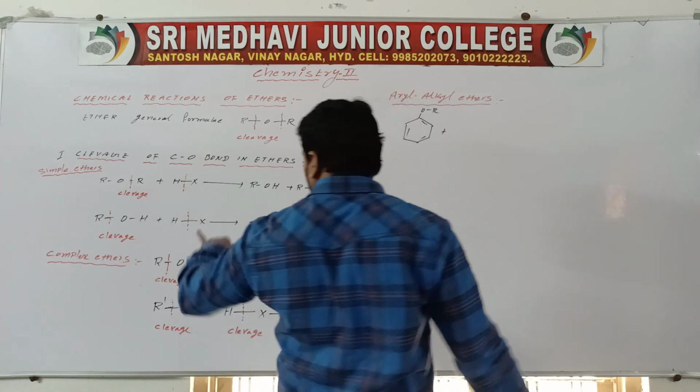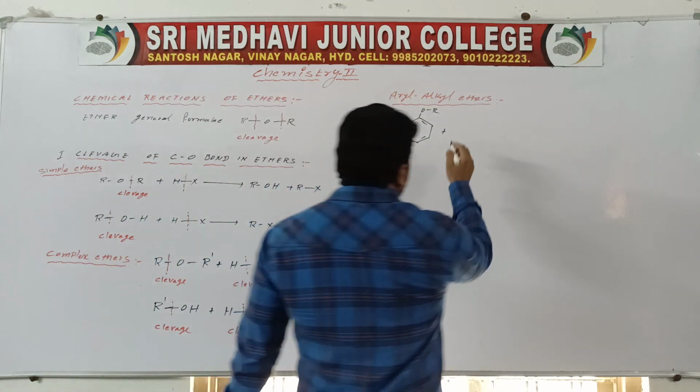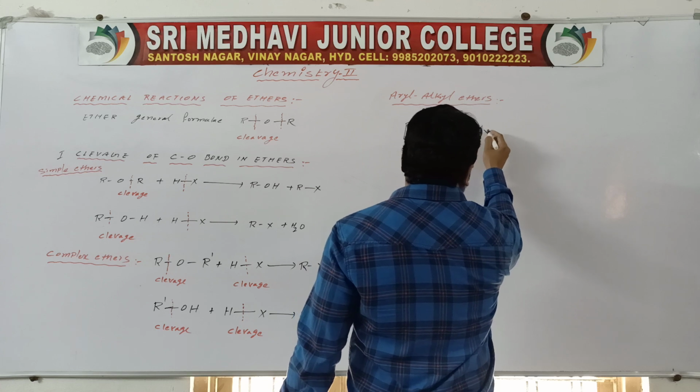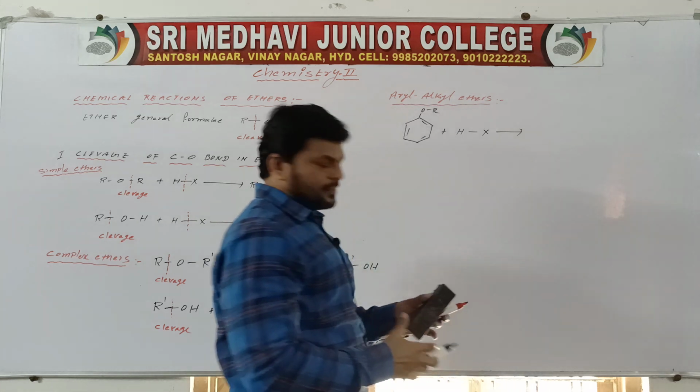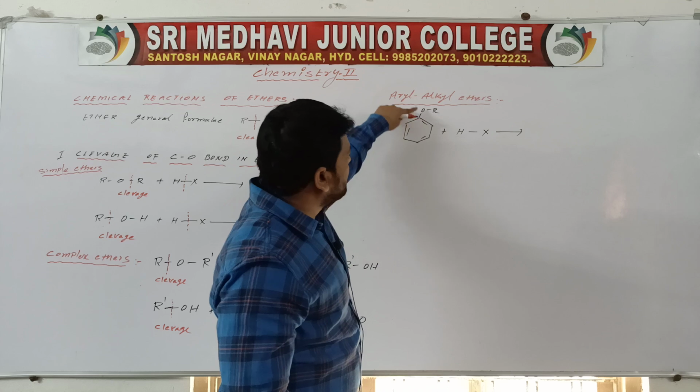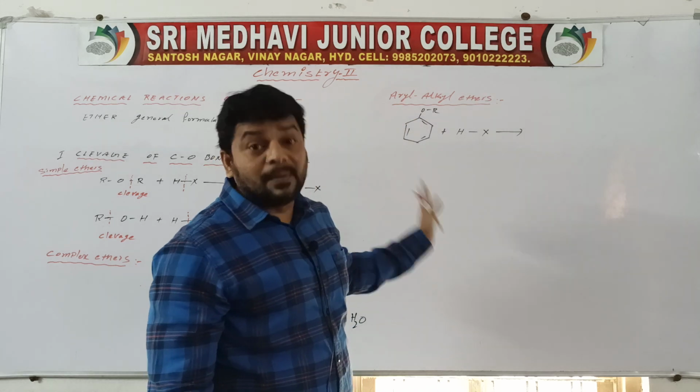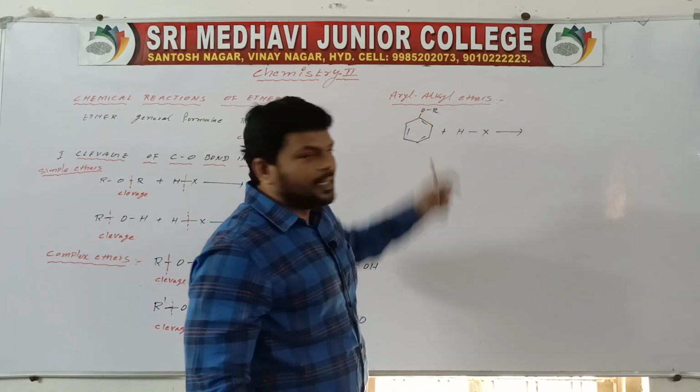It reacts with HX, hydrogen halide, and gives rise to products. Here there is no chance of breaking this bond, the phenoxide bond. Why? Because it is stable. So the cleavage can be done here.